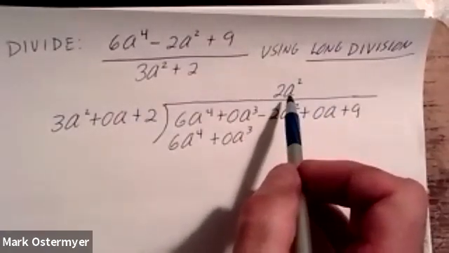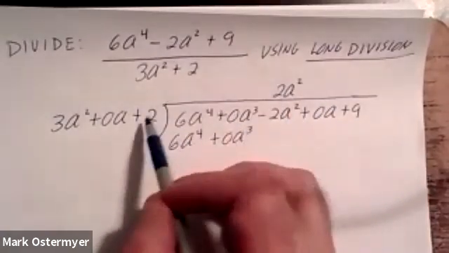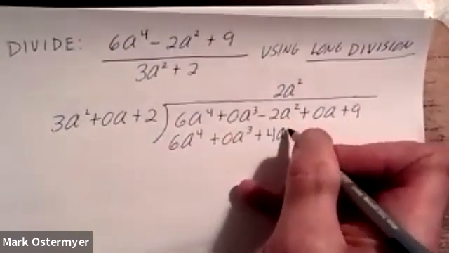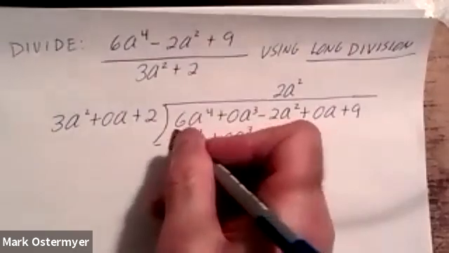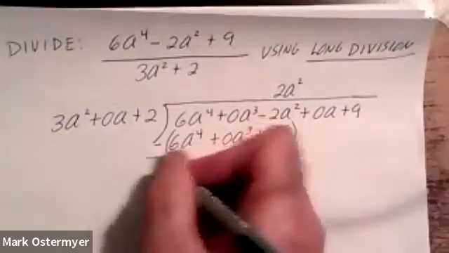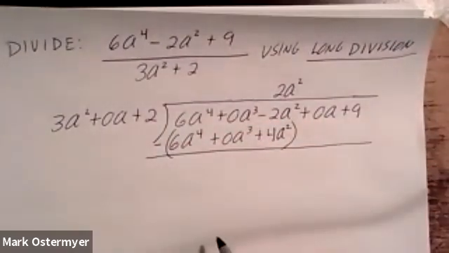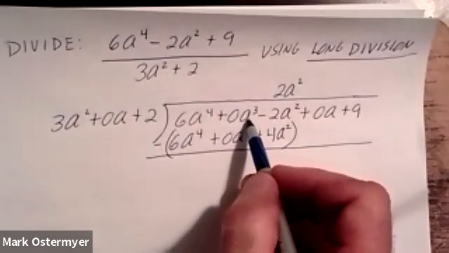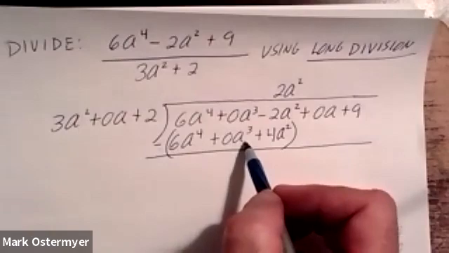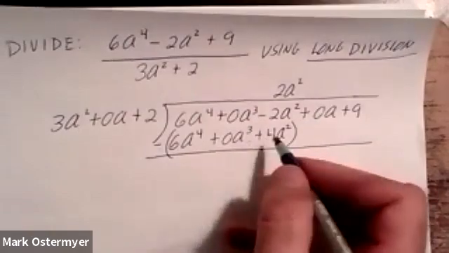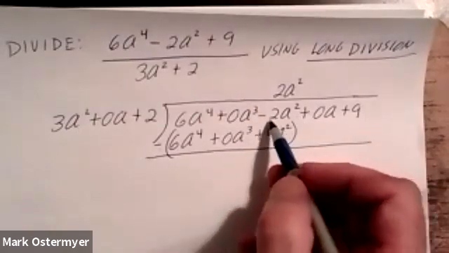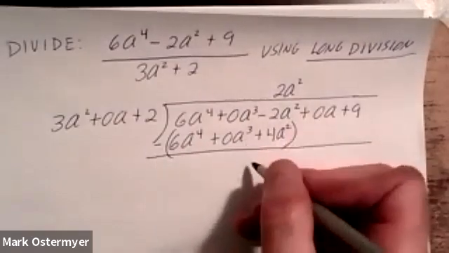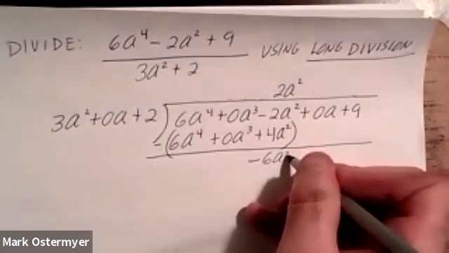What is 2a squared multiplied by 2? 4a squared. Subtract off the whole polynomial. 6a to the fourth minus itself, 0. 0a cubed minus 0a cubed, 0. Negative 2a squared, subtract 4a squared, negative 6a squared.